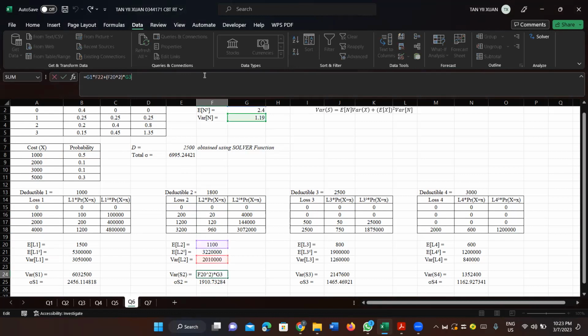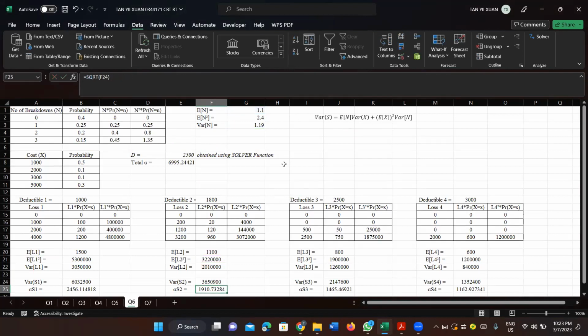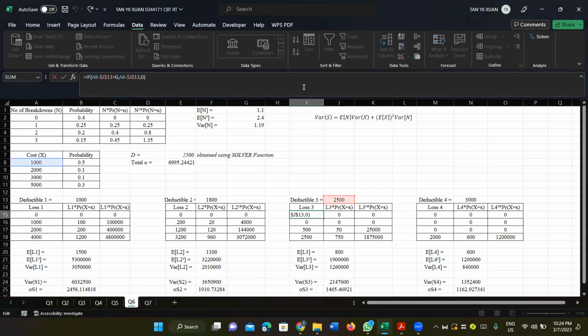For the variance of these aggregate losses, we also get it by using the same formula. Then we can get the standard deviation of these aggregate losses. Same thing as before: when X is greater than the deductible, the loss amount will be X minus the deductible, or else it will be 0.